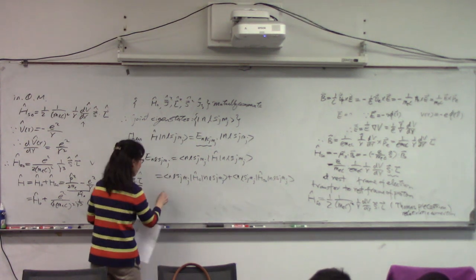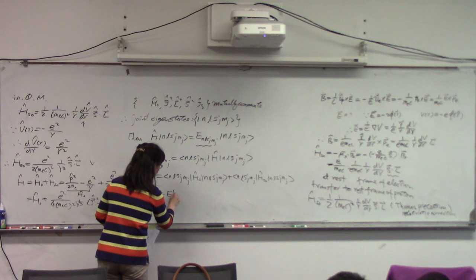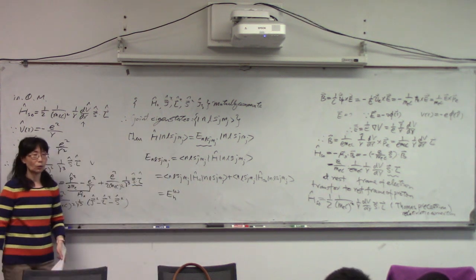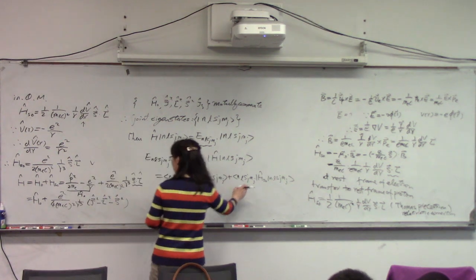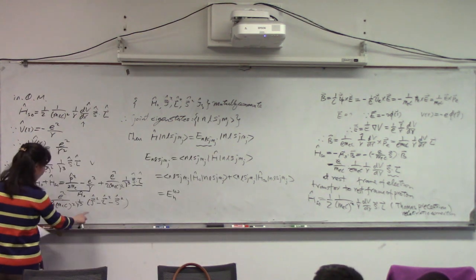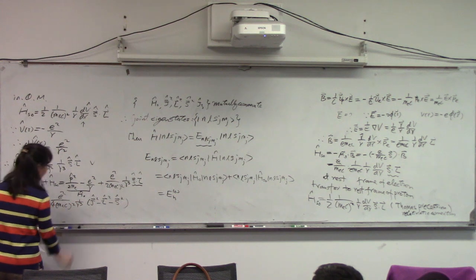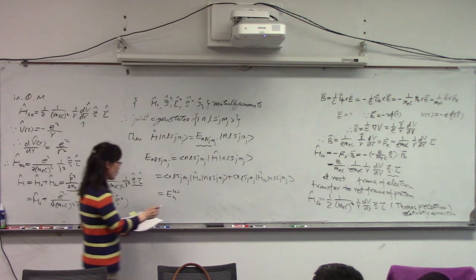That is highly degenerate, so that is E_n naught, which we already know. And then now this part. Now, this term, let's see how complicated it is.